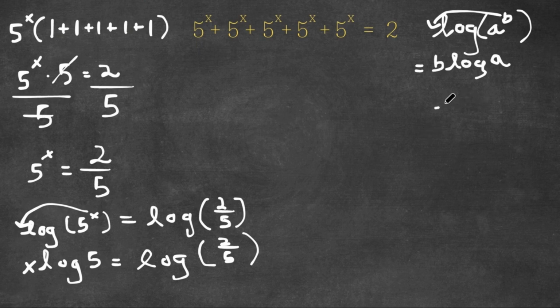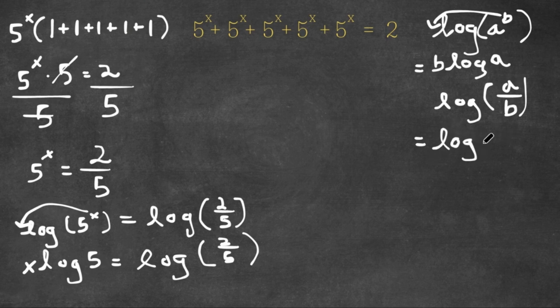Now, another property of logarithms is that if we have a log of a fraction, let's say log a over b, this would actually equal the log of the numerator minus the log of the denominator. So log a minus log b.